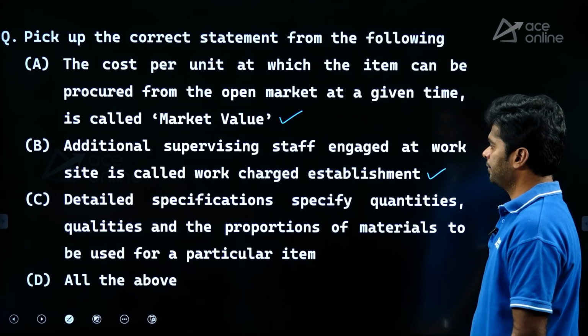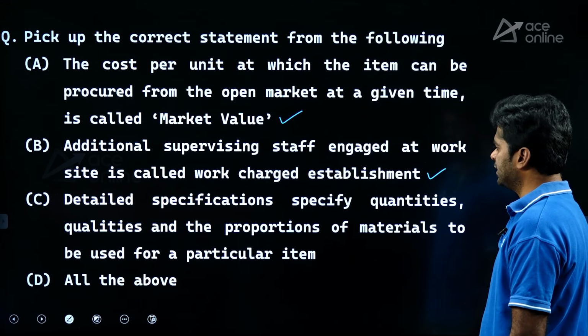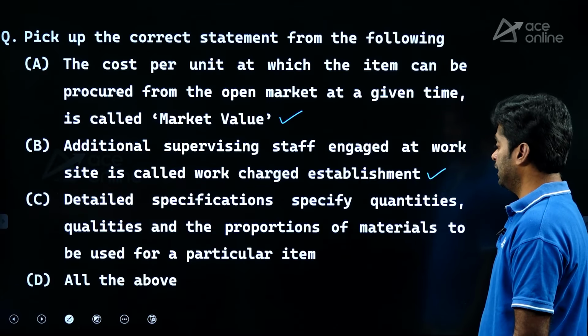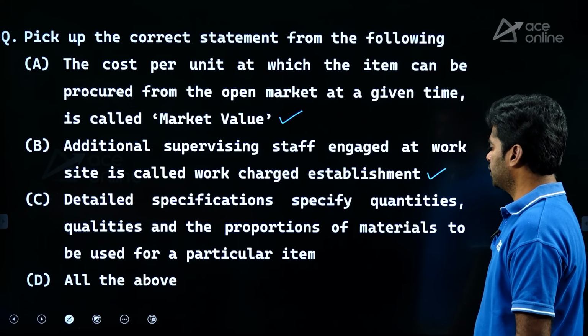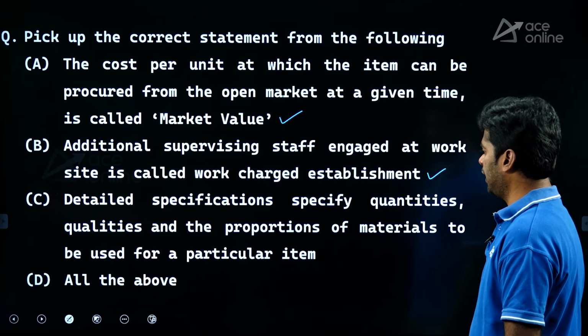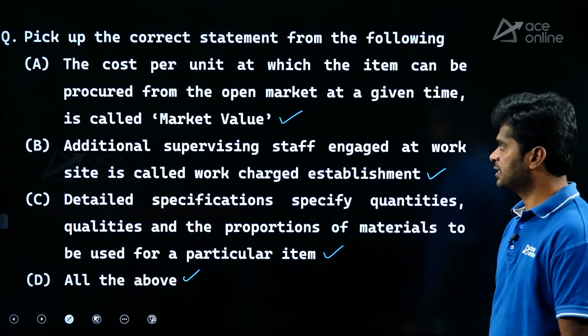Yes, it is correct. C, detailed specifications specify quantities, qualities and the proportions of materials to be used for a particular item. Yes, it is also true. So A correct, B correct, C correct. Option D given all the above. Option D is the answer.